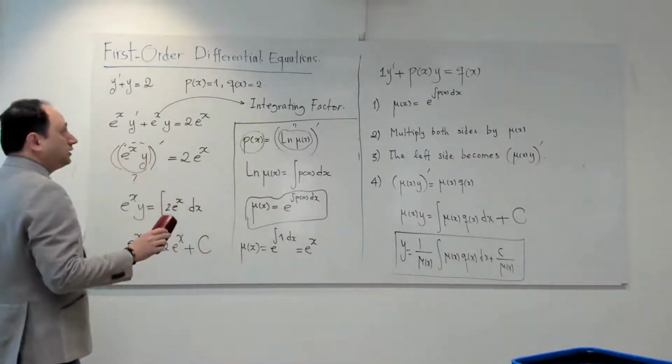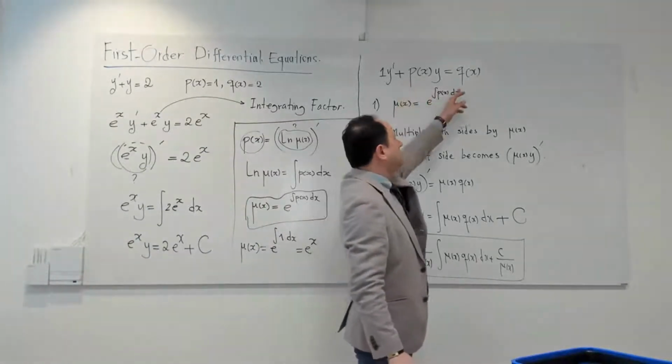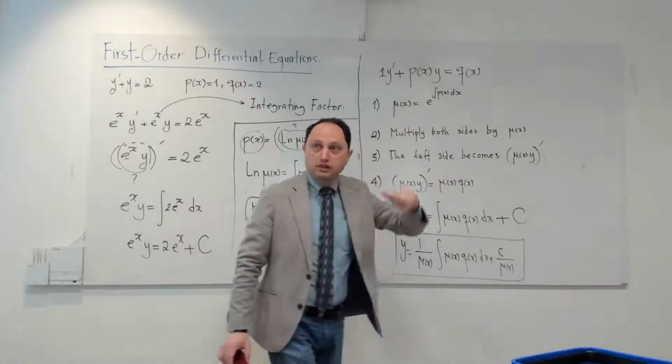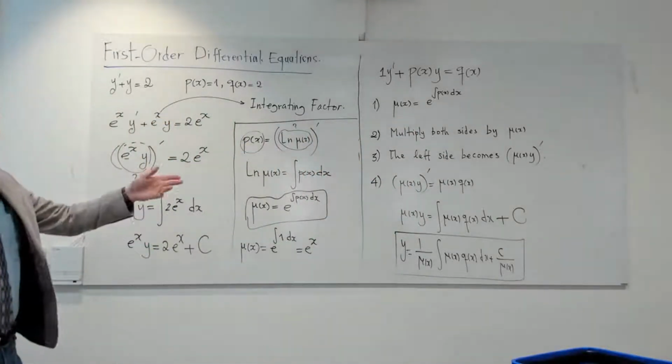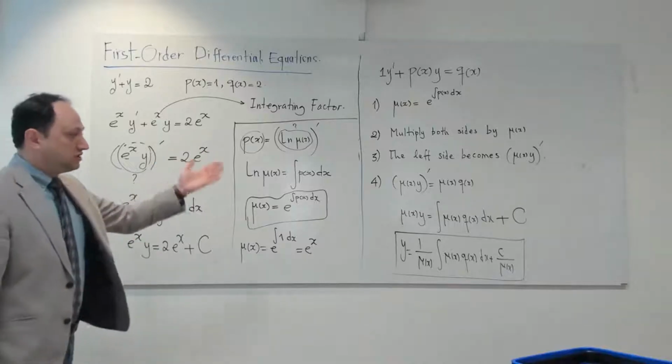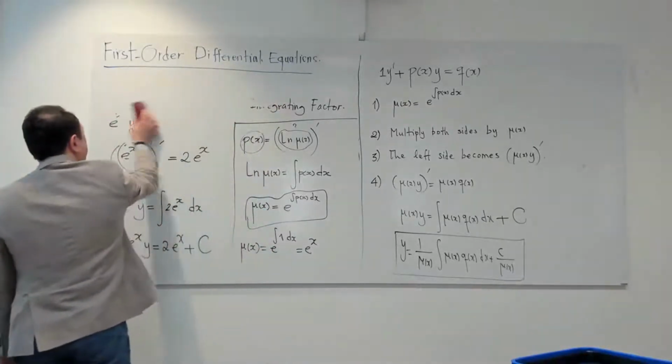In your book, they only consider the case that p of x is a number and q of x is a number. So the one that I started with is at the level of the book, but not the general case. But you see that the general case is also doable and it's not hard.